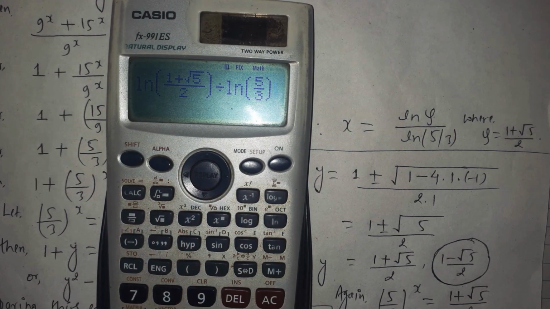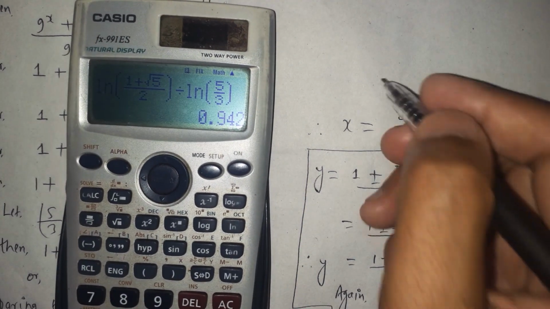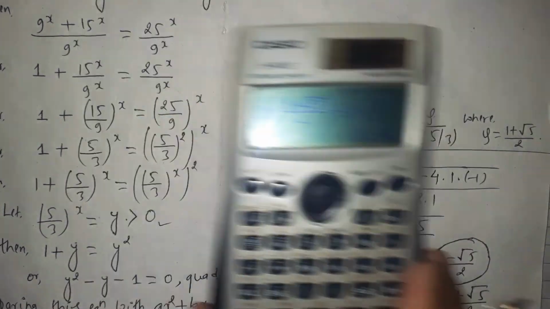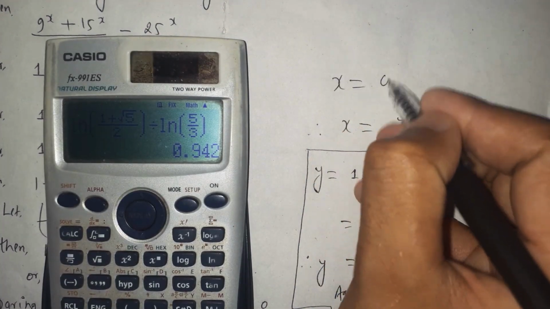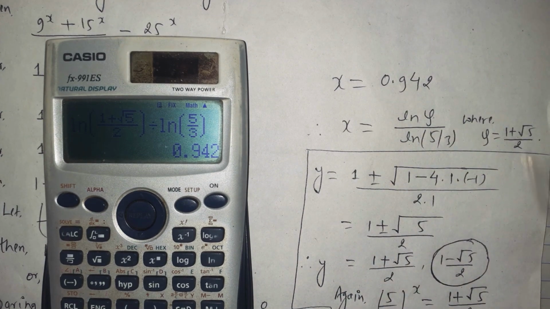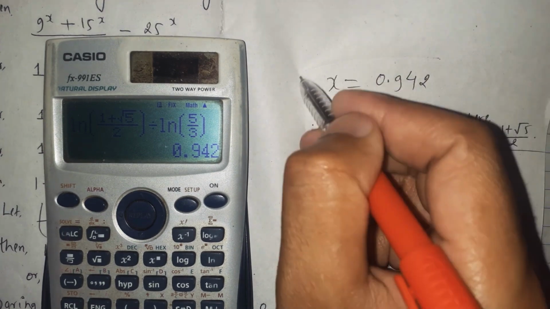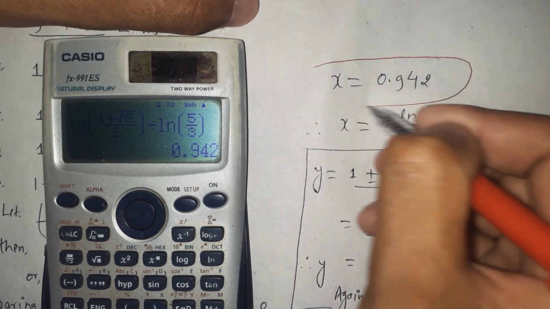Let's calculate this numerical value. The value of x is calculated as 0.942 up to 3 decimal places. This is the final answer of this question.